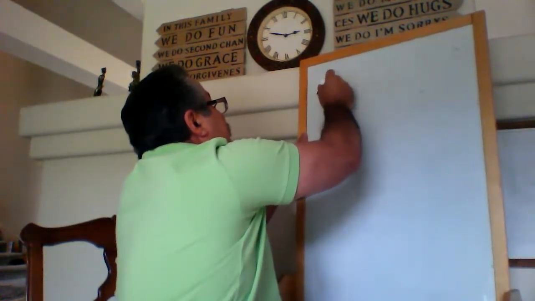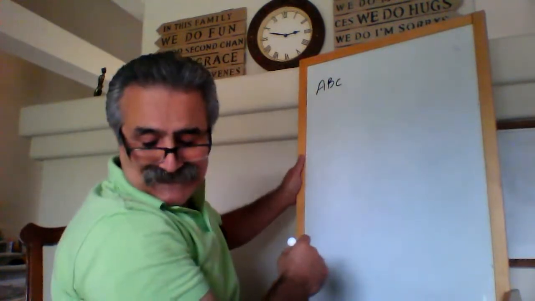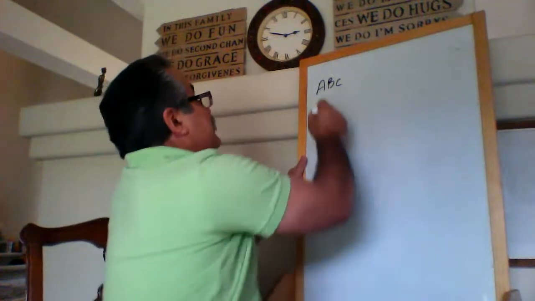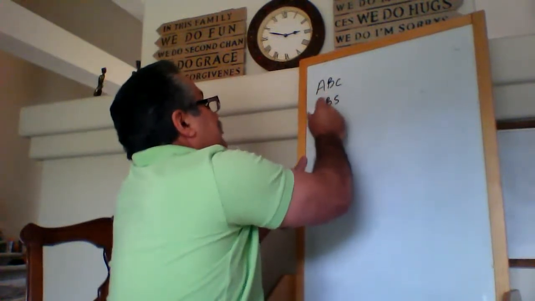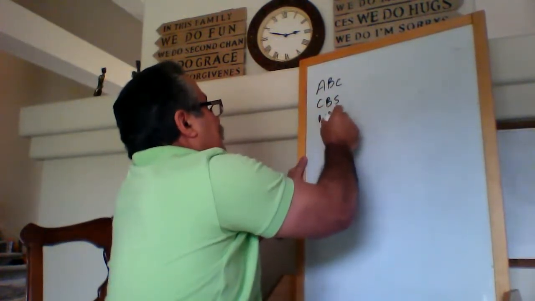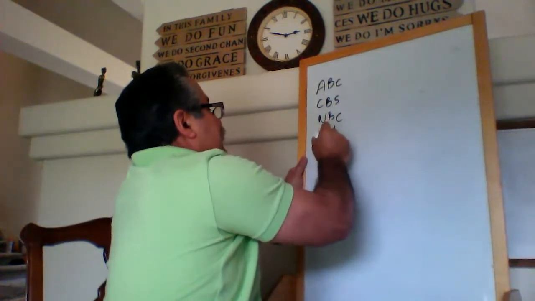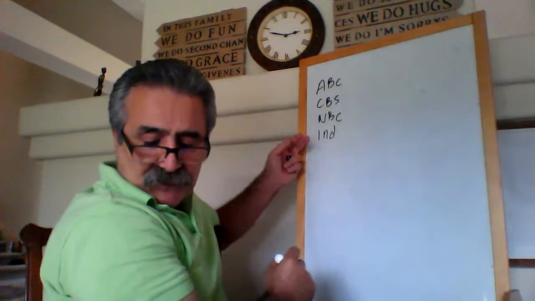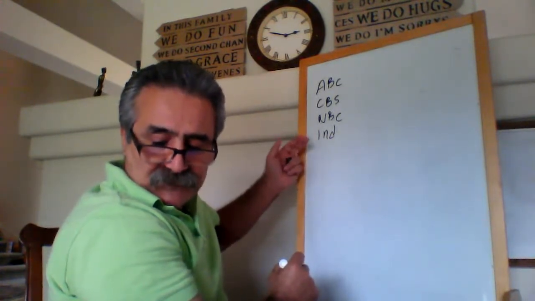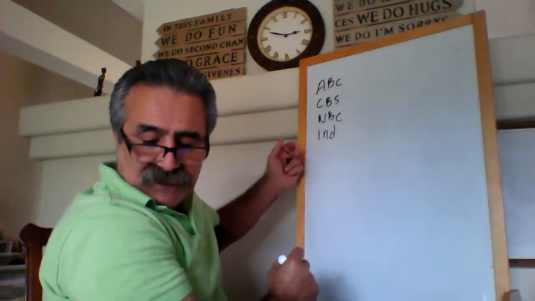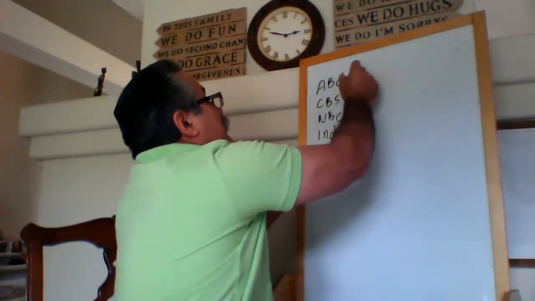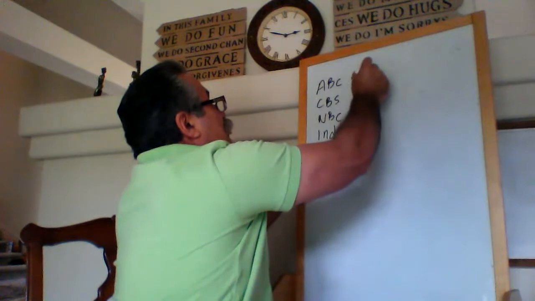So ABC, CBS, NBC, and independent channels. They did a survey, they said, these are the percentages of the viewers on a Saturday evening at 8 p.m. So this is 29% or 0.29.